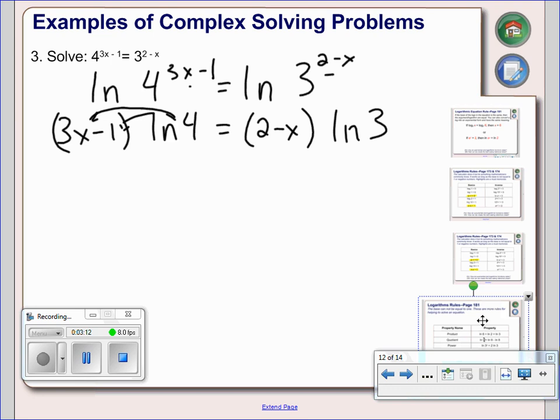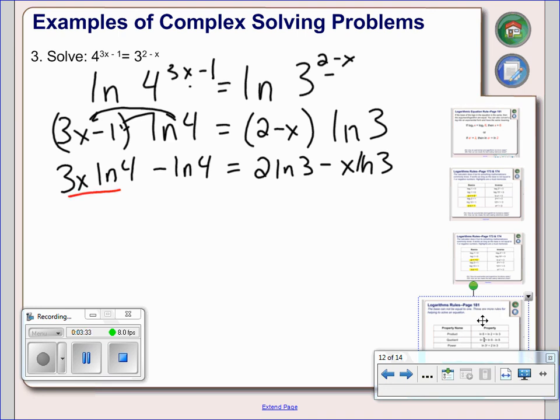So what will happen is I'll have 3x natural log of 4 minus natural log of 4, and on this side equals 2 natural log of 3 minus x natural log of 3. Now I need these x's to be on the same side, and I need these numbers to be on the same side.